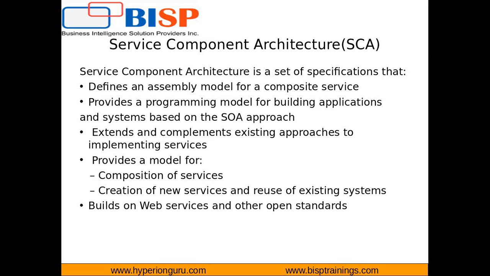A composite service, by definition, is multiple smaller services assembled together. In our previous slide, we read that an application could be a combination of multiple services. So a composite service is a combination of multiple smaller components.